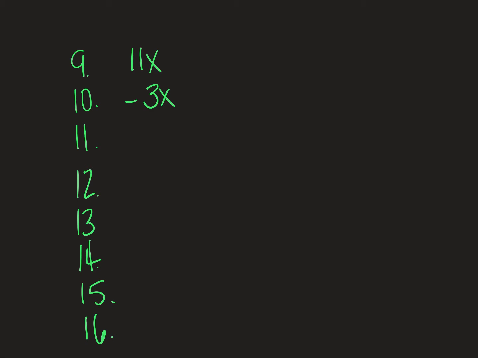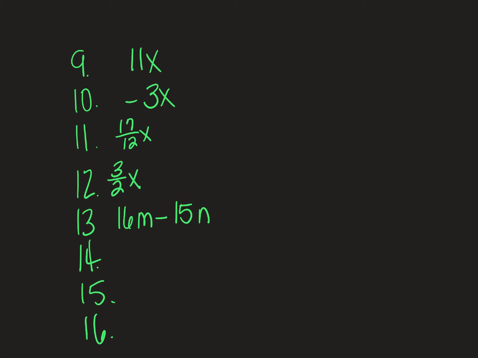Number 11 is 17 over 12x. Number 12, 3 over 2x. Number 13, 16m minus 15n, as in Nancy.